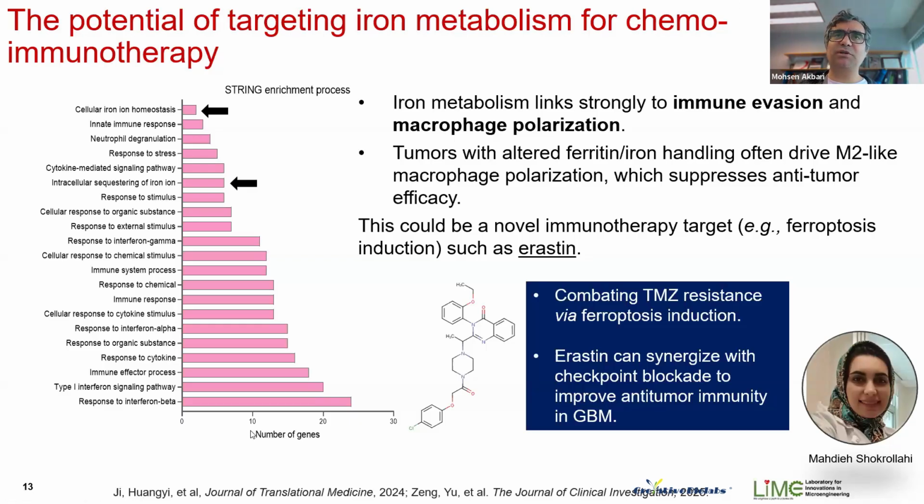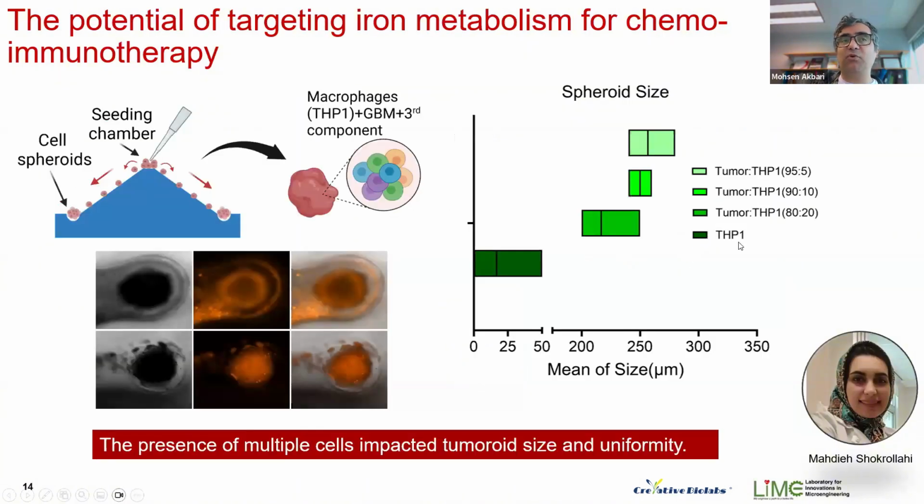So for those reasons, we looked at Avastin, and we wanted to investigate how it impacts the tumors with the goal of using them for immunotherapy. Because we wanted to use immunotherapy, we decided to incorporate immune cells as well.